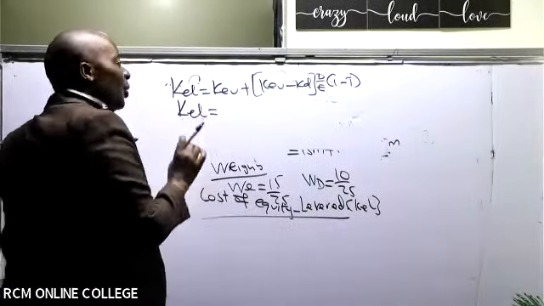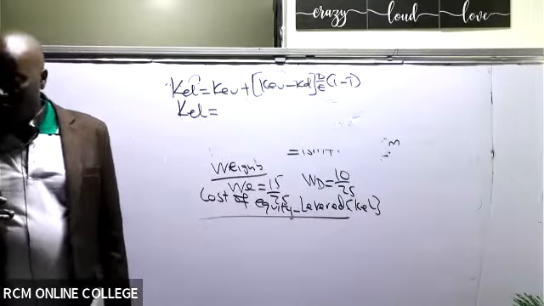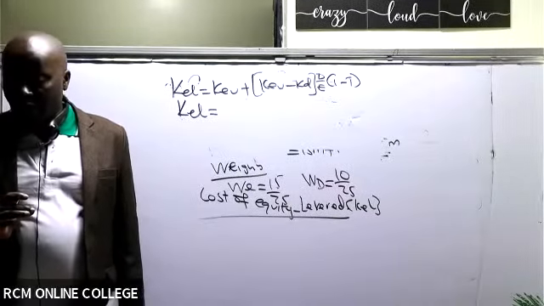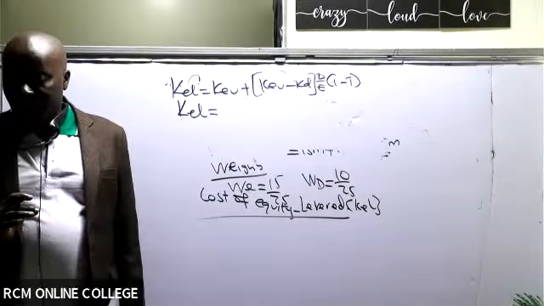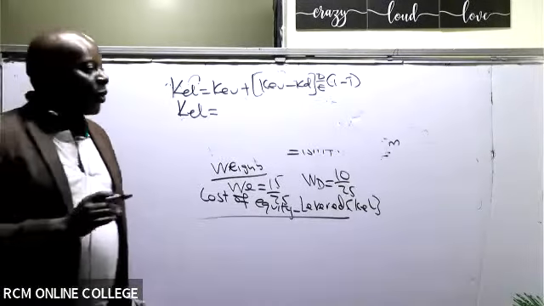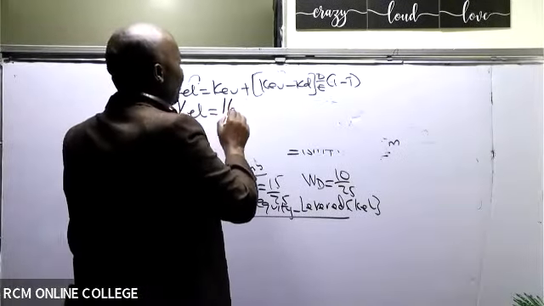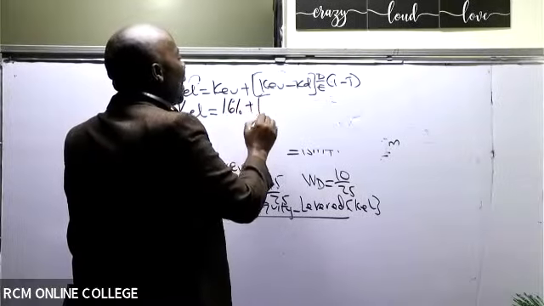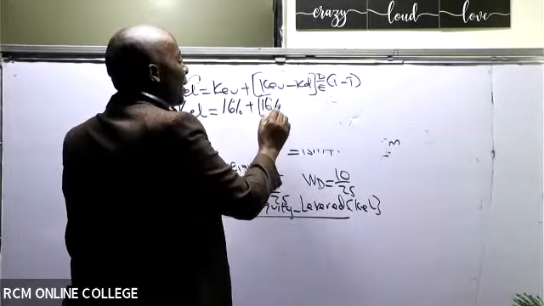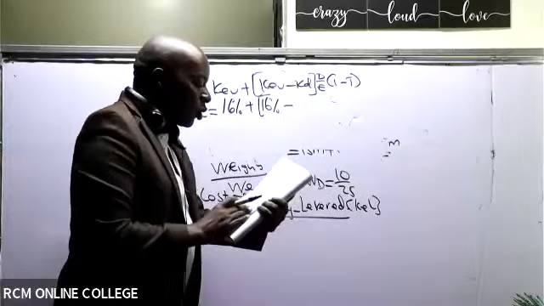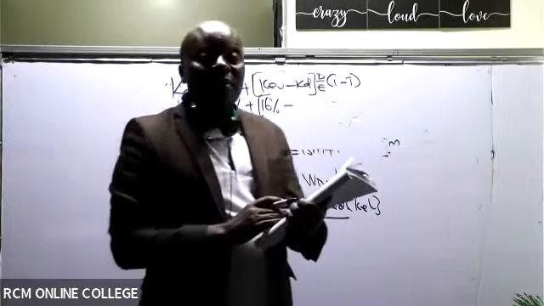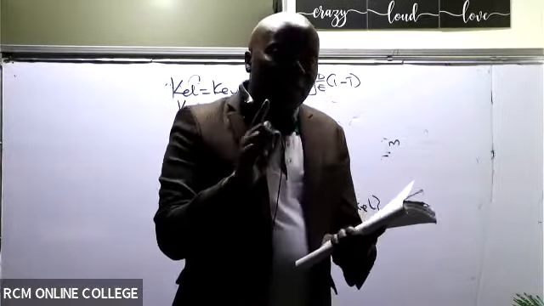Do we know what KU is? 16%, isn't it? So KU is 16%, plus the same KU, 16% minus the cost of debt. Are you able to see the cost of debt in this question? Yeah, we have issued debt instruments.